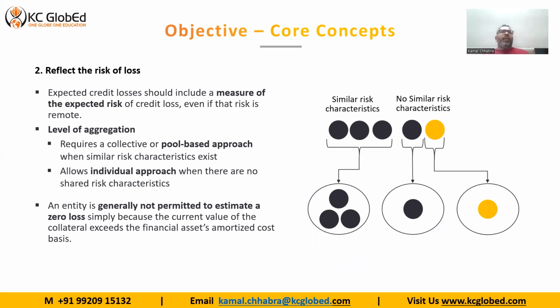For example, you have taken a loan for 10 years and you have made certain defaults in year 1, and at the end of the year you go to the bank to do the restructuring for 15 years instead of 10 years because the EMI is high and you are not in a position to pay. So in year 1 they have already booked certain losses.